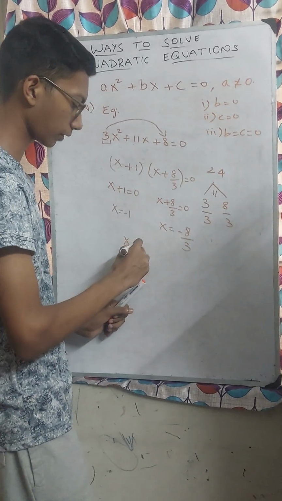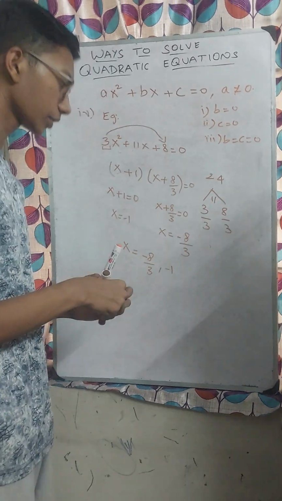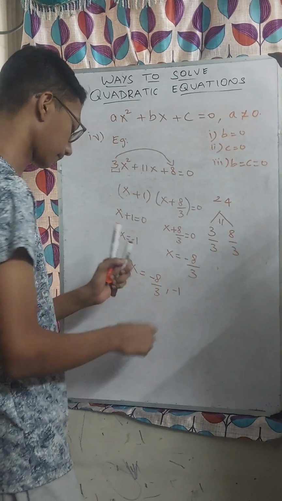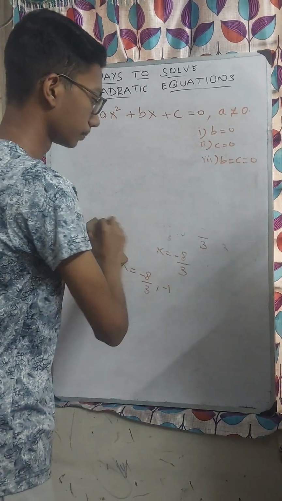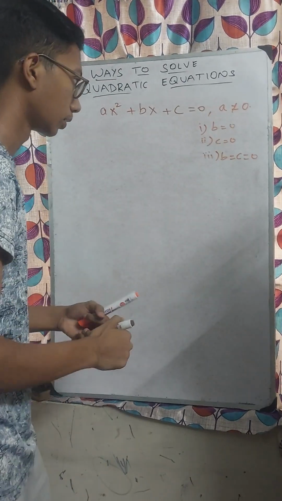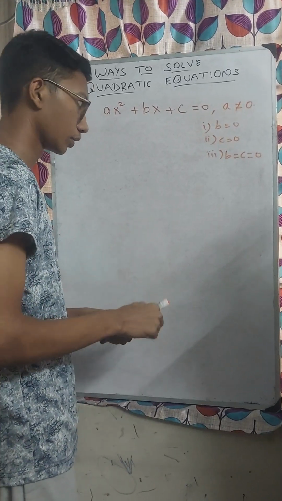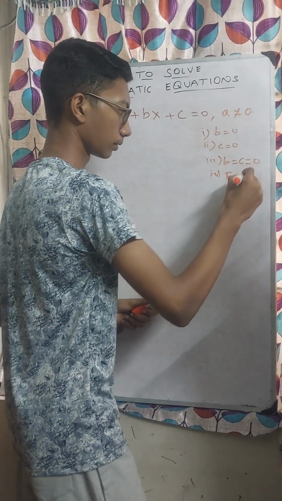So the solutions for x are -8/3 and -1. This is another way of factorization. So the fourth way is factorization.